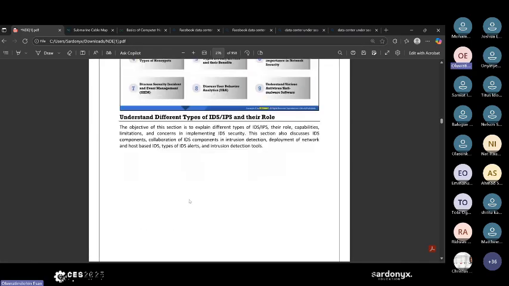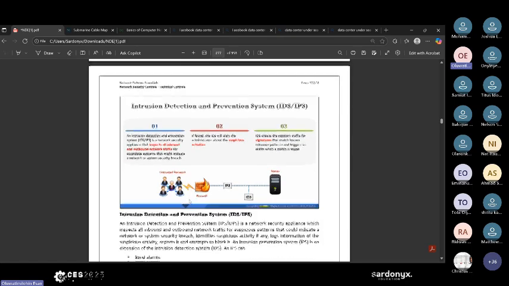Okay, let's talk about IDS and IPS. Now, IDS and IPS is a network security appliance that inspects all inbound and outbound network traffic for suspicious patterns that might indicate a network or system security breach.